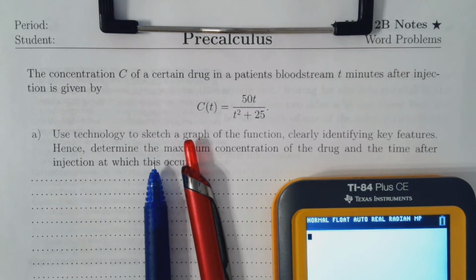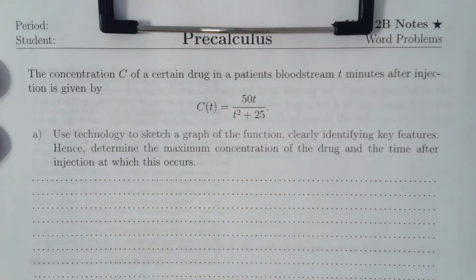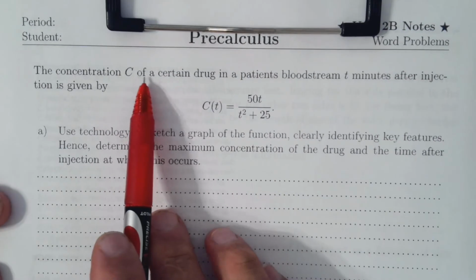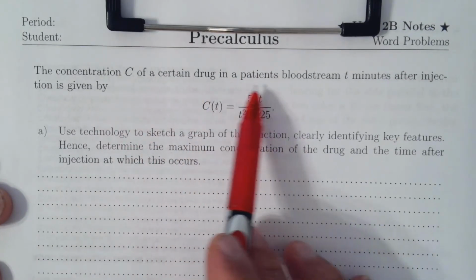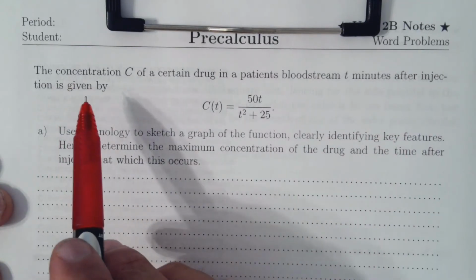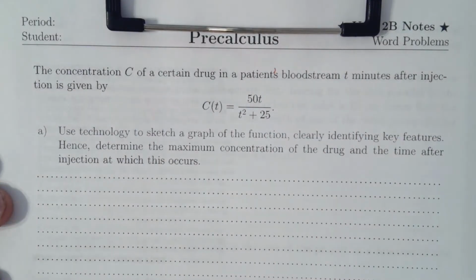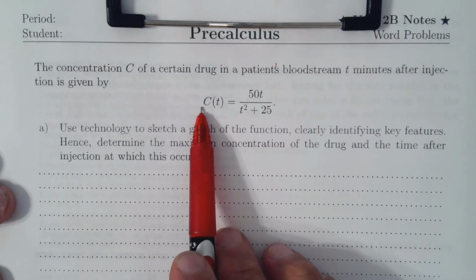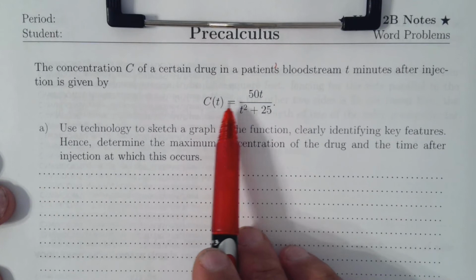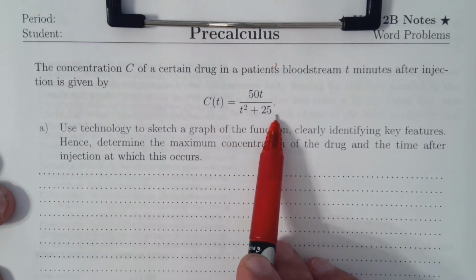In this video we're going to be talking a little bit about some pre-calculus word problems that really have a background in algebra. In this particular problem we're told that the concentration C of a certain drug in a patient's bloodstream t minutes after injection is given by C(t) = 50t divided by the quantity t squared plus 25.